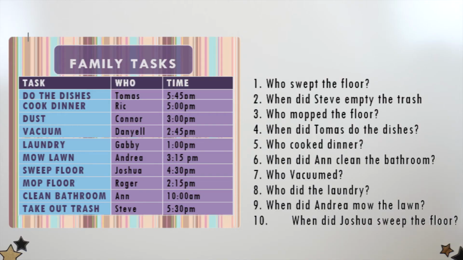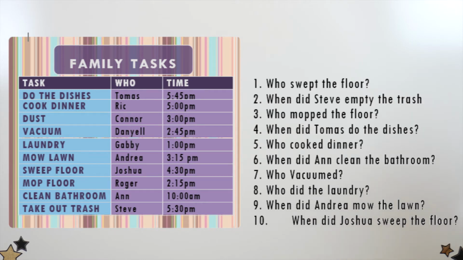I'd like you to look carefully at the chore chart and then answer the questions below. Here you see a chore chart. It's titled Family Tasks. Tasks are another word for jobs or chores.